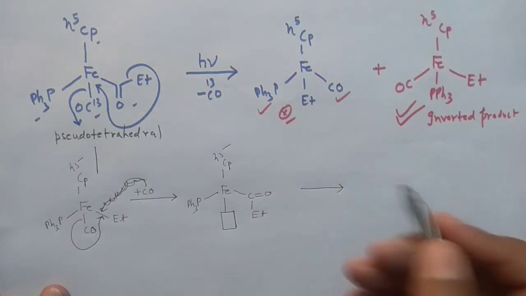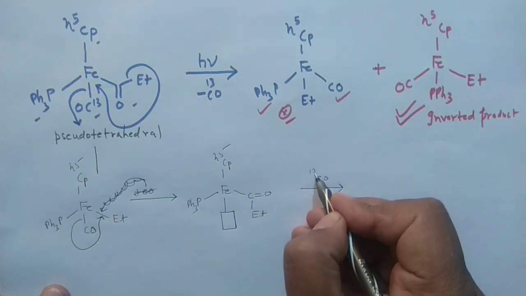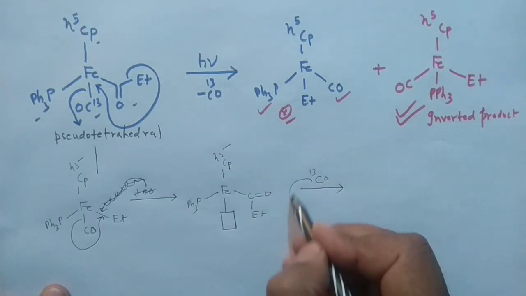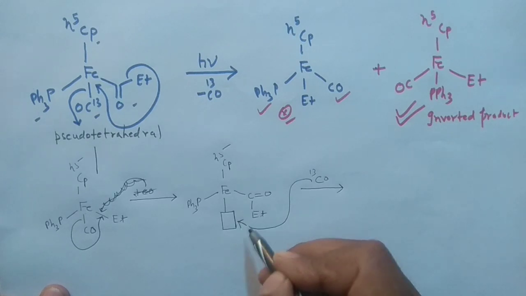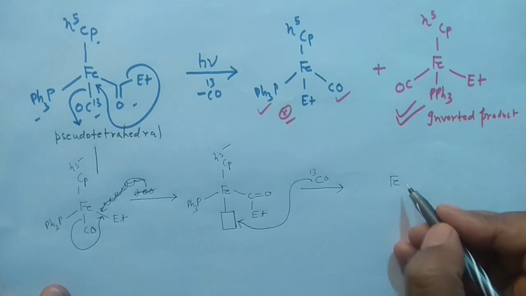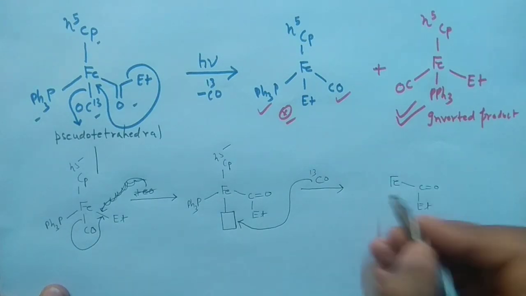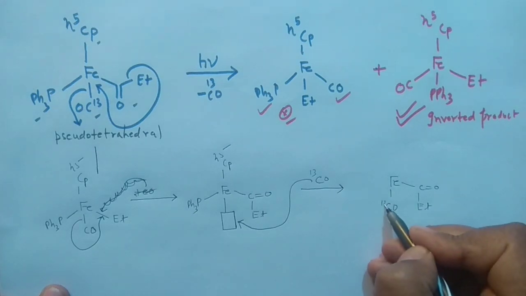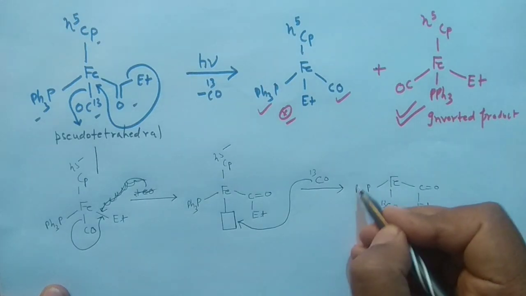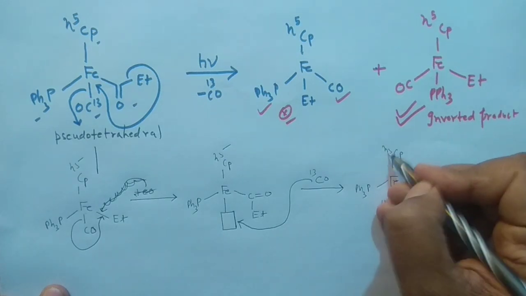Now this is 13C, and this will occupy this particular position, this vacant site. Then your product would be C double bond O Et, this is the 13C labeled carbonyl along with PPh3, and this is Cp eta 5.